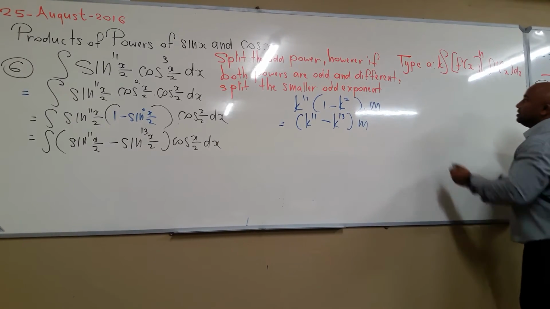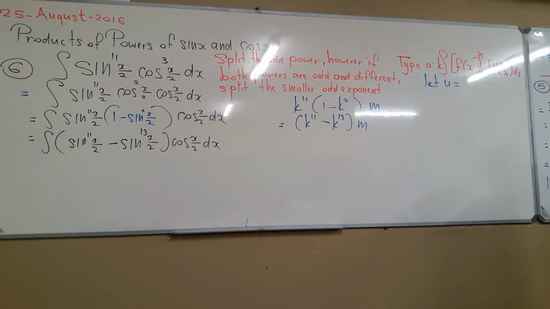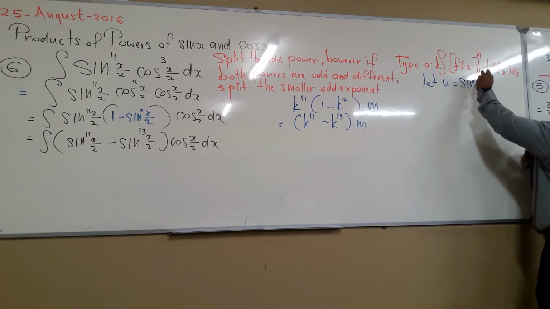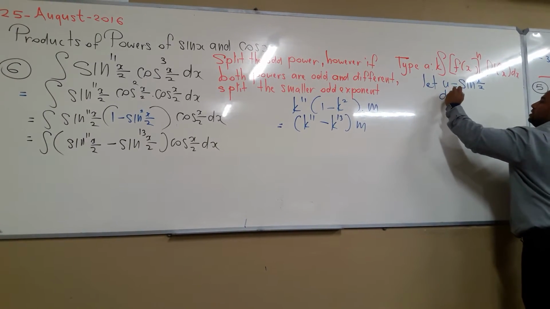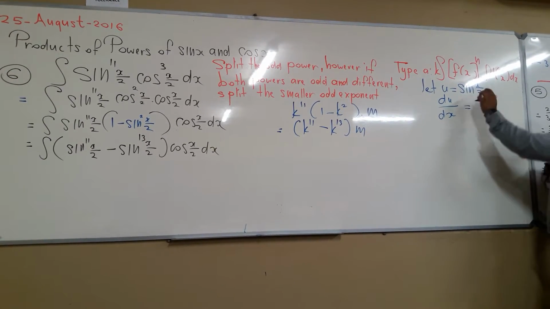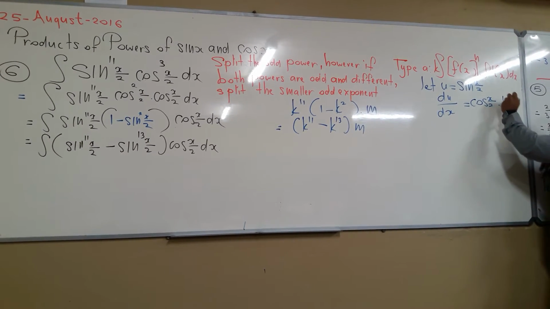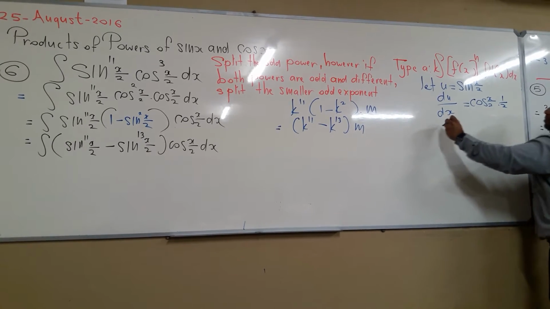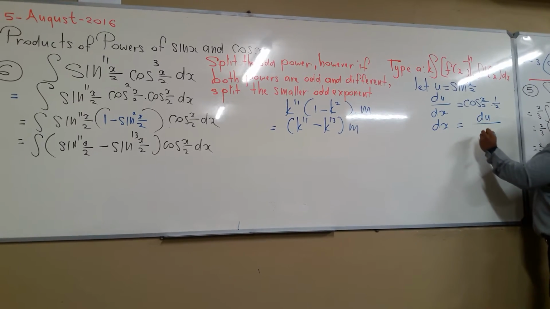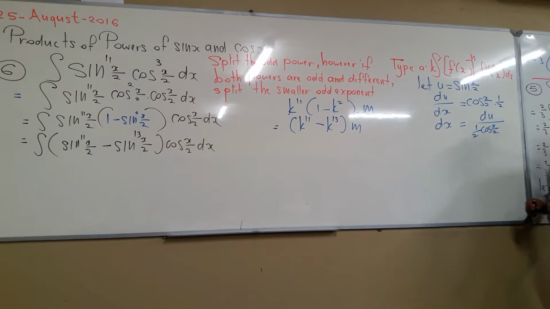So what do we let u equal to? Sine. So that will be sine of x over 2. du over dx. Again, this is all simple now. Derivative of sine is cos x over 2 times the derivative of x over 2 is 1 over 2. Make dx the subject of the formula. So dx will equal to du over half cos x over 2.